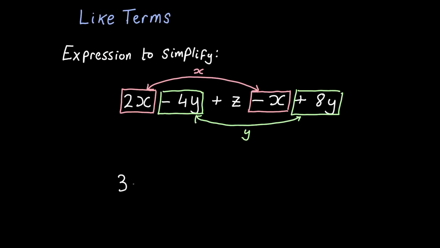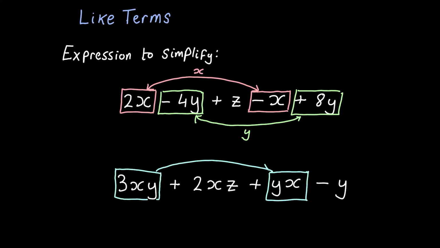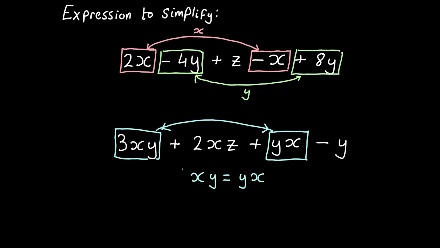Another expression that has multiple terms that can be simplified is 3xy plus 2xz plus yx minus y. Here the xy term and the yx term are like terms because when you have any set of variables multiplied together, it doesn't matter which order you multiply them. In other words, xy is equal to yx. They have the same value.